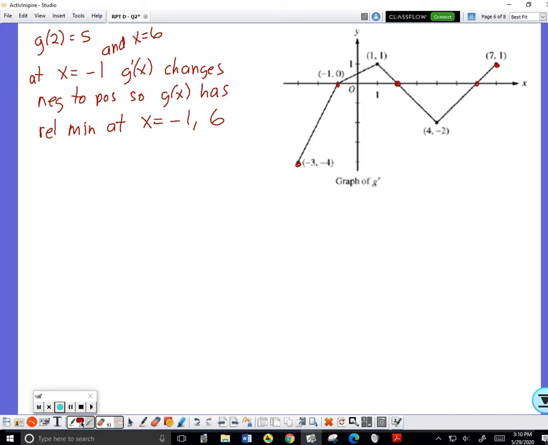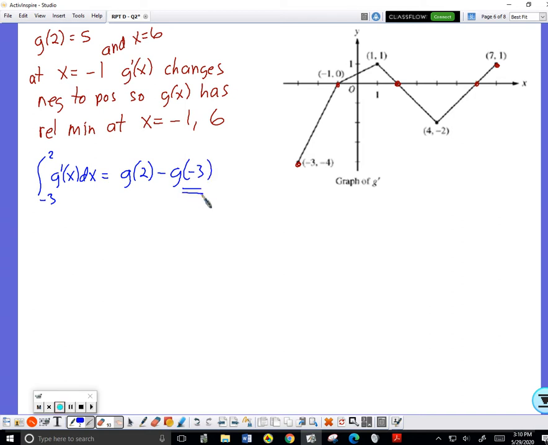So we use the fundamental theorem. We write the integral from x equals -3 to x equals 2 of g prime must equal g of 2 subtract g of -3.